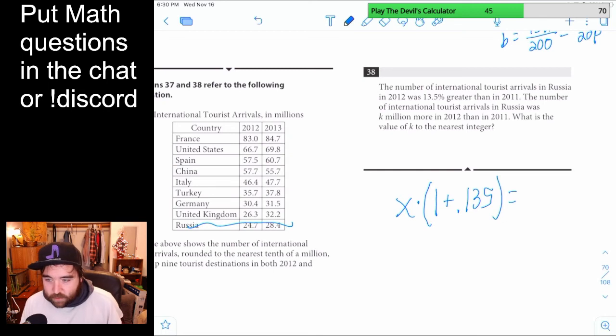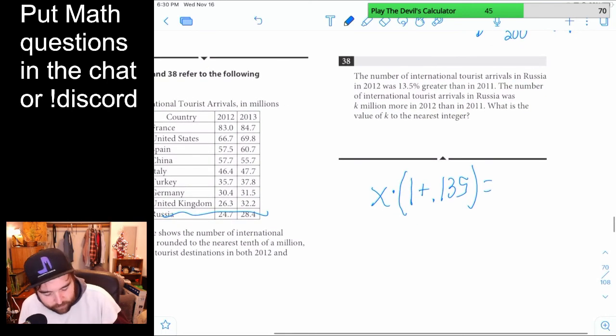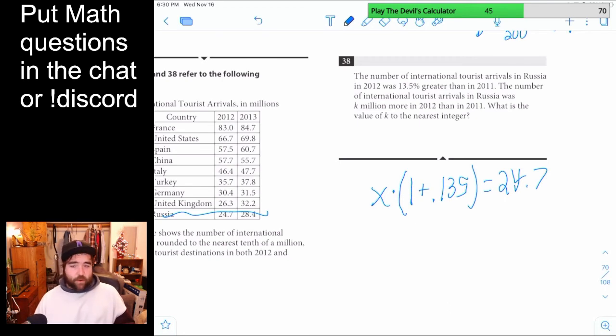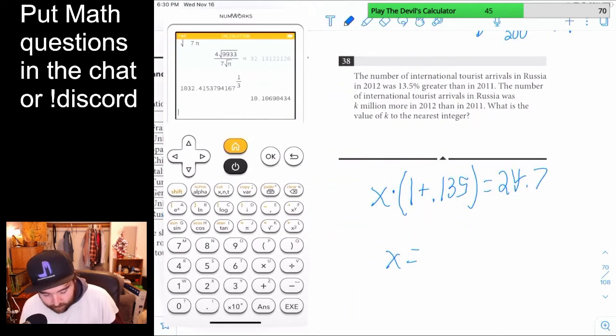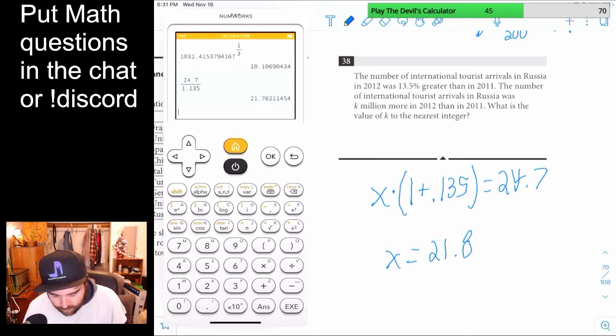So what was the 2012 number? 24.7. And all these decimals, that means we're definitely going for the calculator. So I would just solve for x now. I would divide by 1.135. So 24.7 divided by 1.135. 21.8.